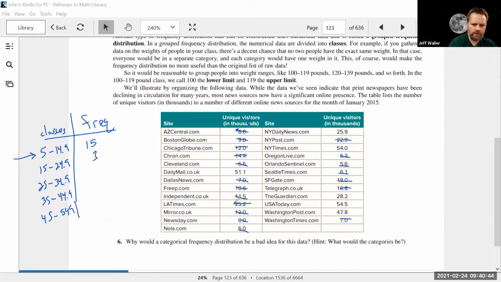So that'll be 1, 2, 3. Looks like 3 again. And then 35 to 45. I don't think there's any 35 to 45. Looks like 0. And then 45, that'd be 1, 2, 3, 4.